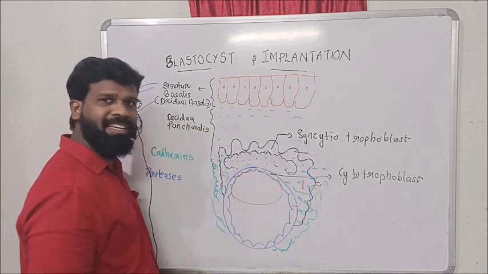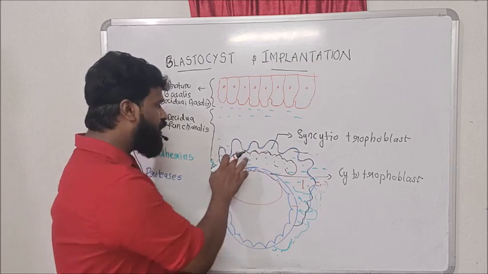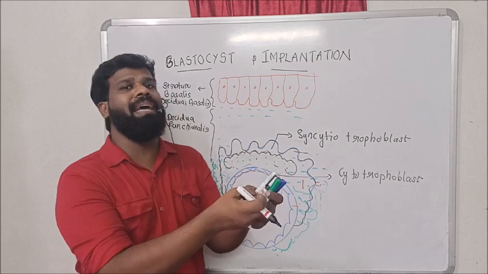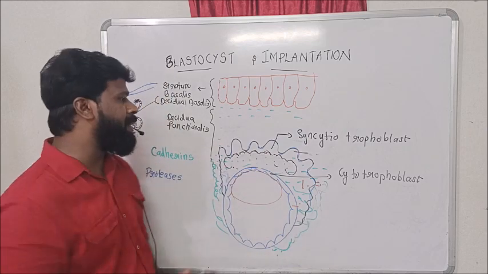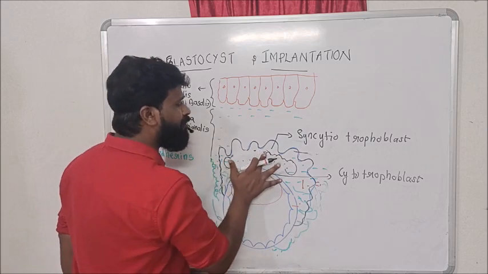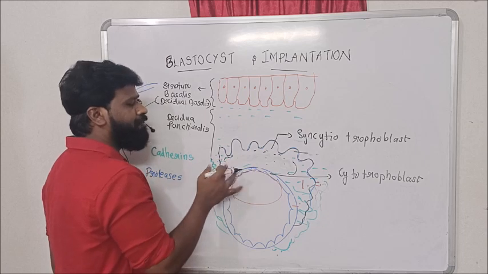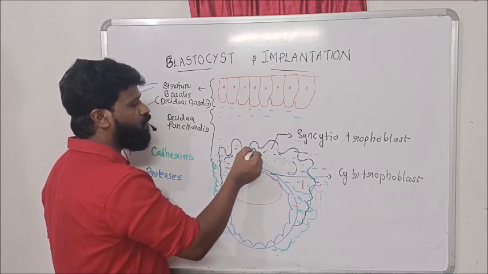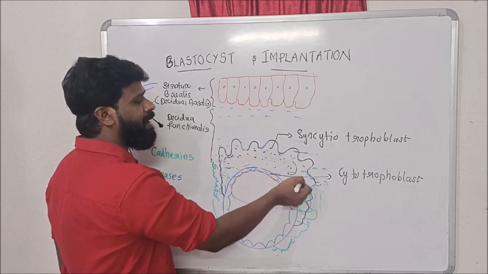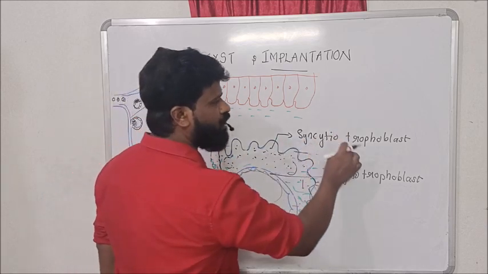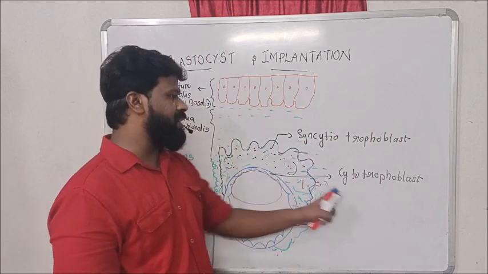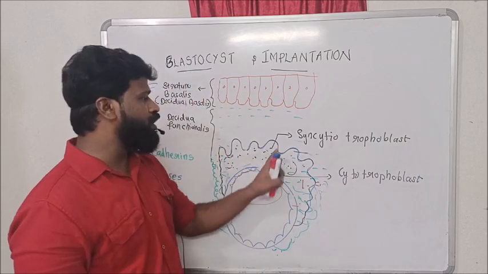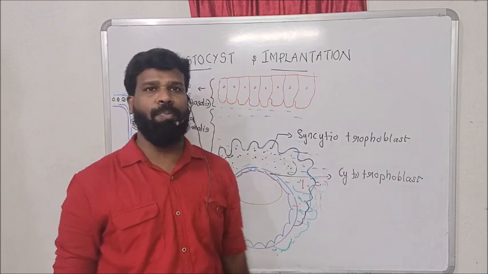It became a multinucleated condition. So in the syncytial trophoblast, the cell loses its cell membrane. After the disintegration of the cell membrane, the protoplasm fuses, and that fusion causes a multinucleated condition. This multinucleated layer is known as syncytial trophoblast, and the rest are known as cytotrophoblast.